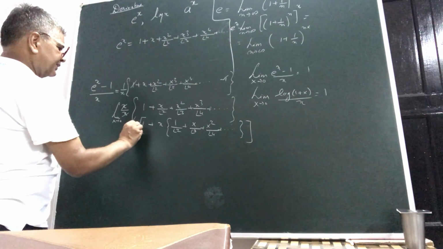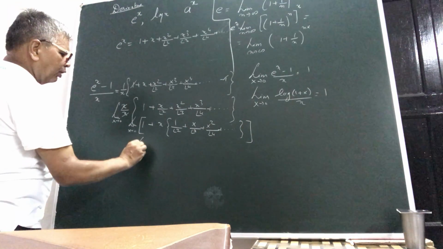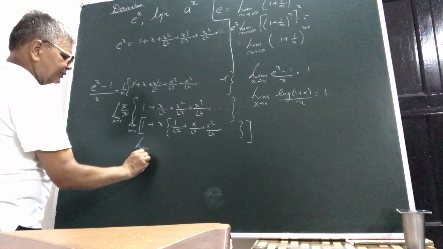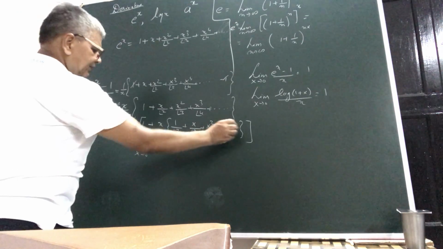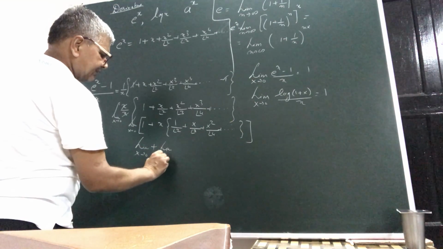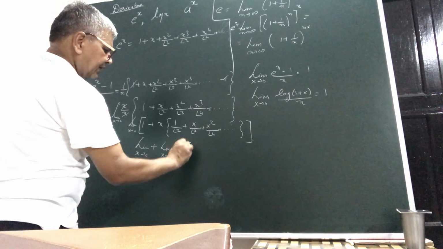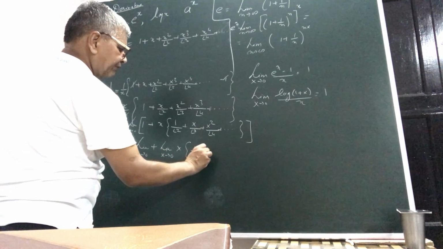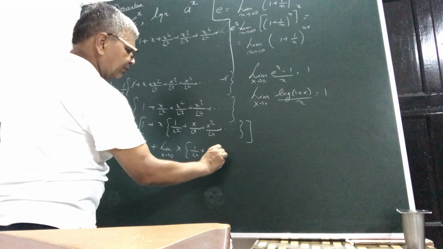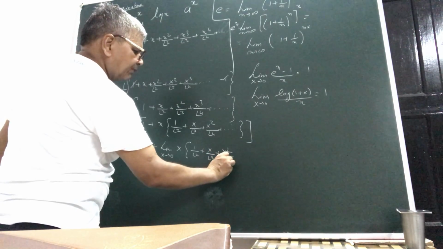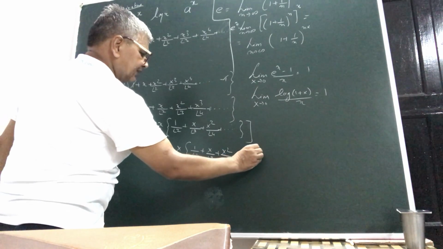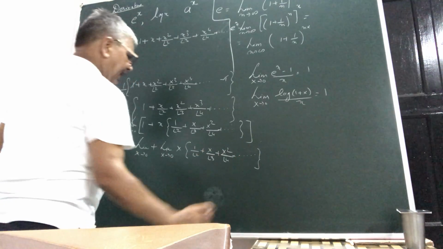So limit x tends to 0 becomes limit x tends to 0 of x, and within the bracket 1 upon factorial 2 plus x upon factorial 3 plus x square upon factorial 4, and this will be an infinite series.